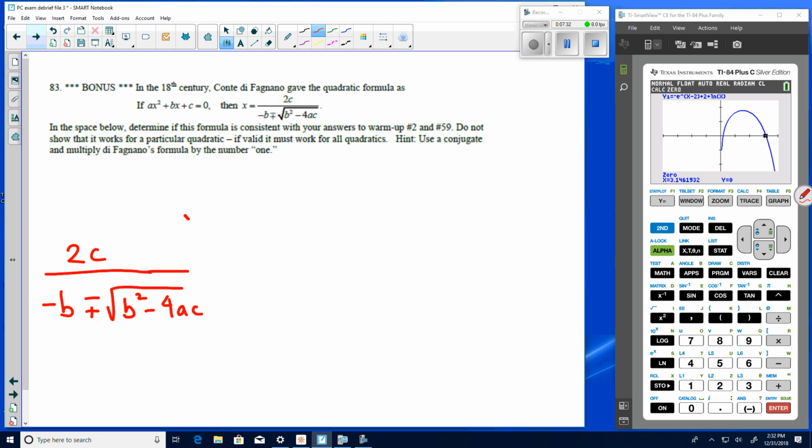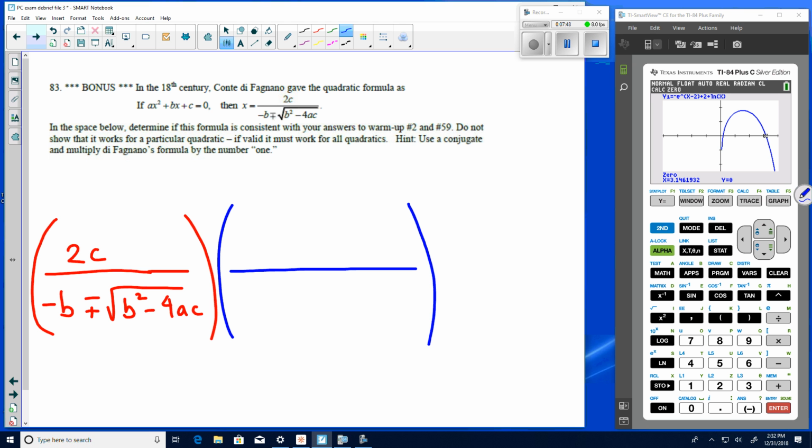And what we're going to do is multiply this by the number 1. It will not change, but it will change its form. Now, what form of 1 do we want? We want the conjugate, right? So remember, from either complex conjugates or trying to get an irrational denominator taken care of, the way you get a conjugate is you leave the first part alone and swap the sign.